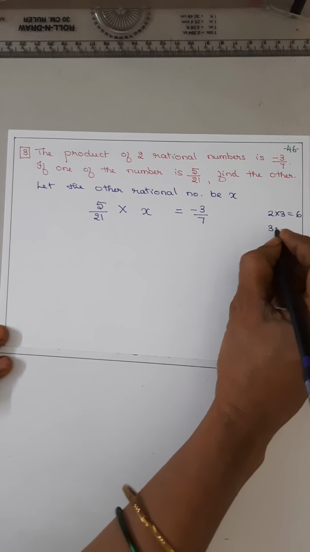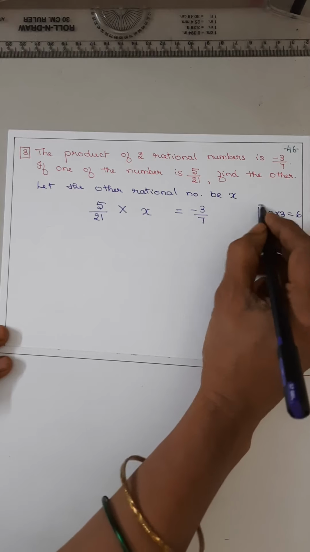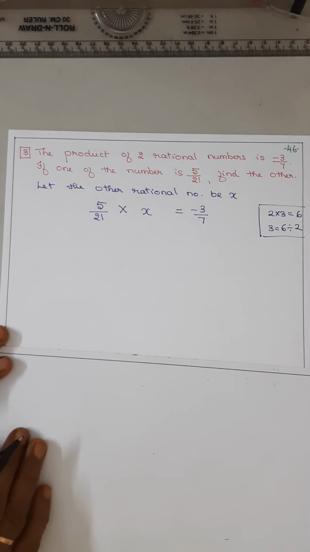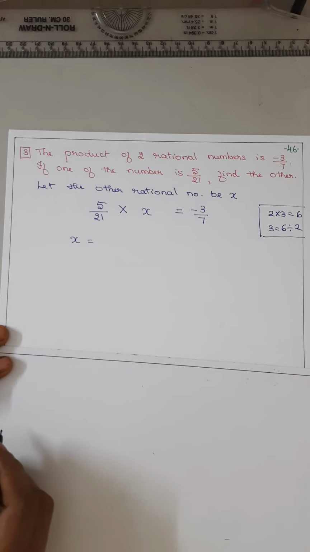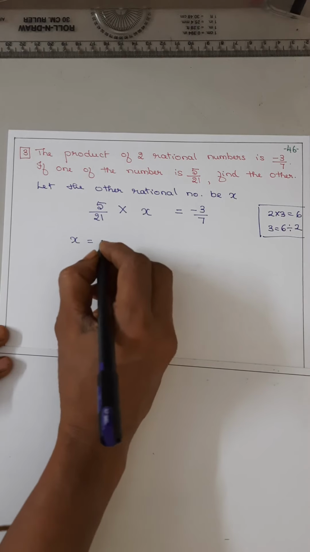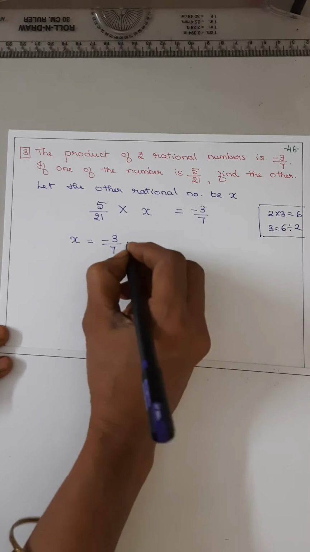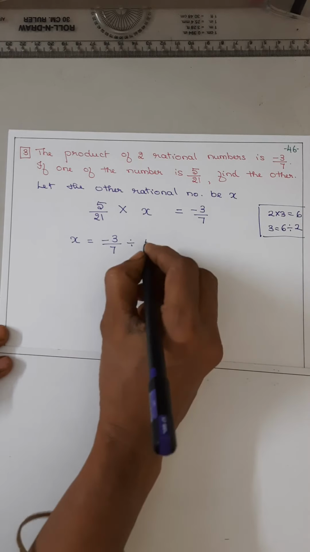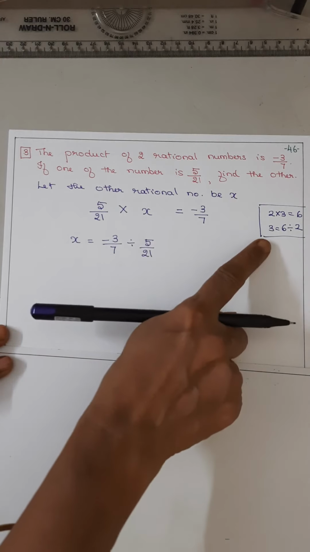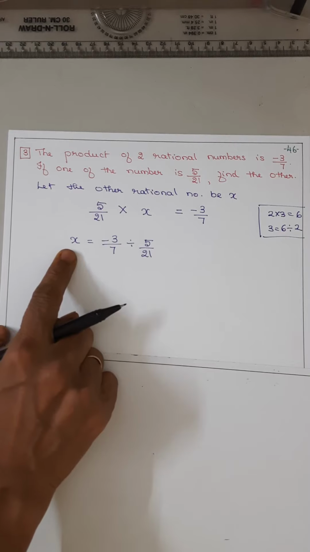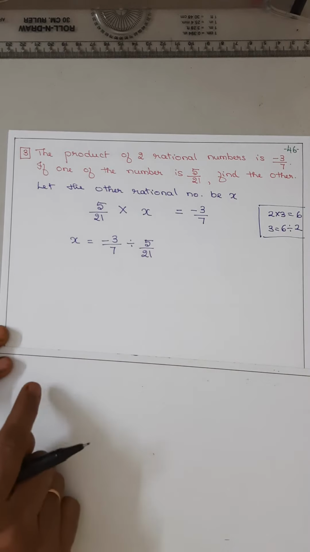So to get 3, we divide 6 by 2. Remember this? So to get the second number, we take the third number divided by the first number. Hope you understood.